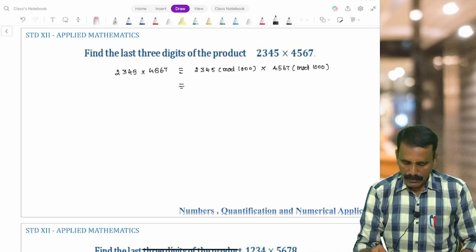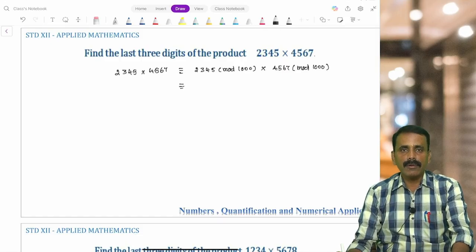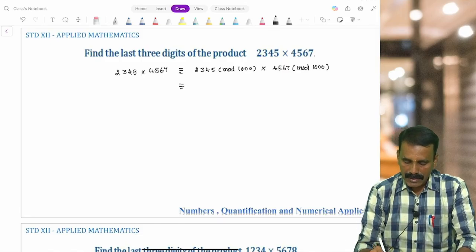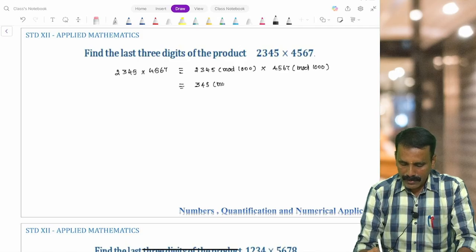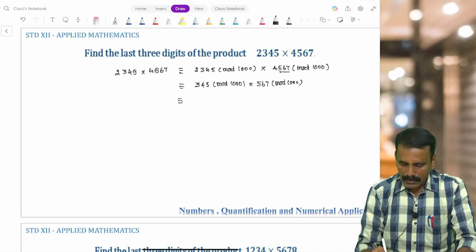When you divide 2345 by 1000, the remainder is the last three digits, which is 345 mod 1000, multiplied by the last three digits 567 mod 1000. Now this is congruent to 345 multiplied by 567 mod 1000.